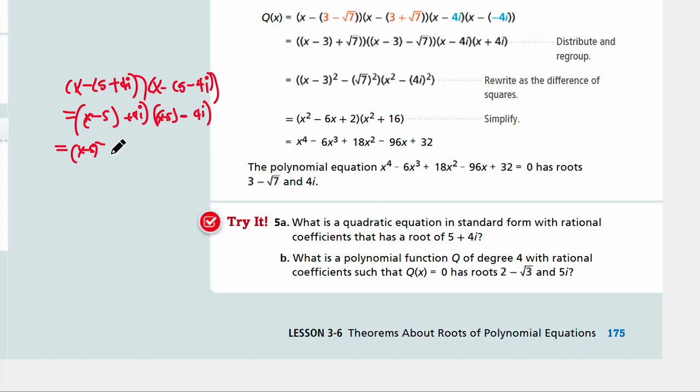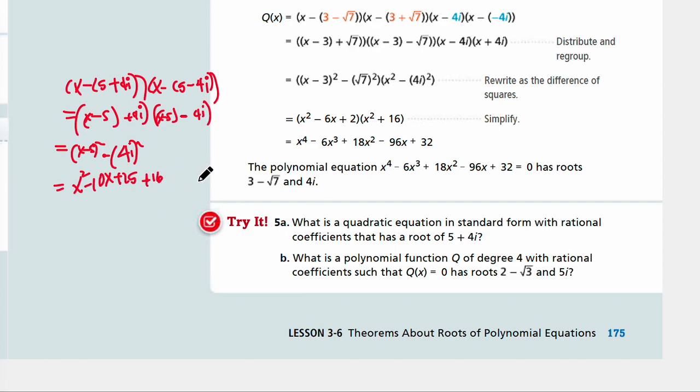and then minus (4i) squared. And then you square them. x squared minus 10x plus 25, and then minus 16 i squared. i squared is negative 1, so plus 16.